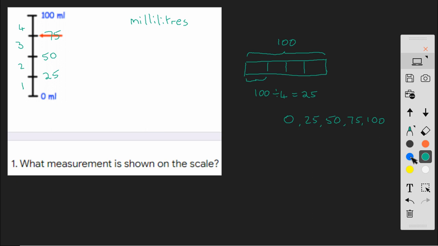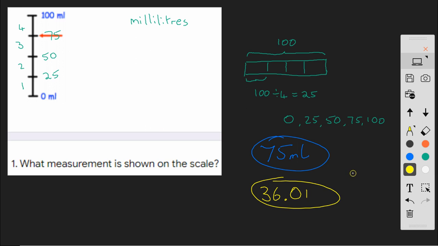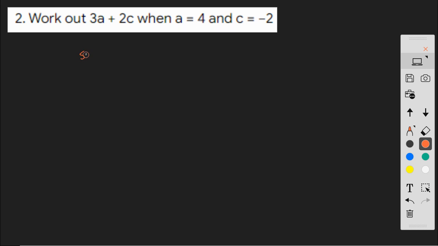So our answer there, and I think by the time we've got to day 10, we've remembered that we need to include the units, millilitres, in our answers. So there we go. And if you want to do a sensory nugget with more of these, and these are really important problems, not just for your maths exam, but also in day-to-day life and in work, then try that nugget there, 36.01.